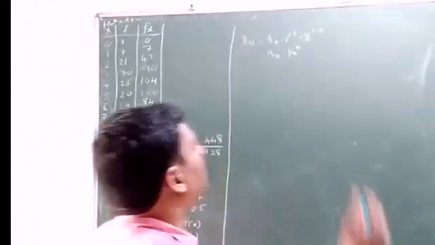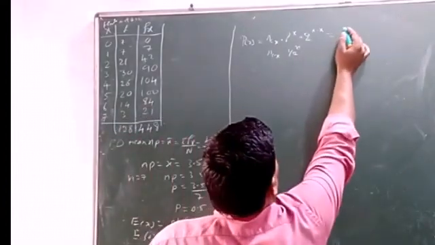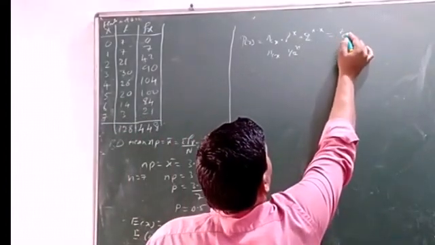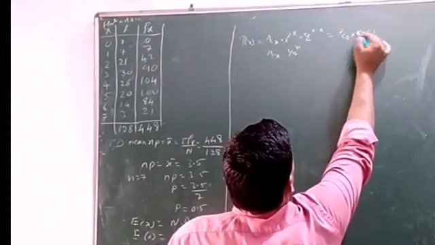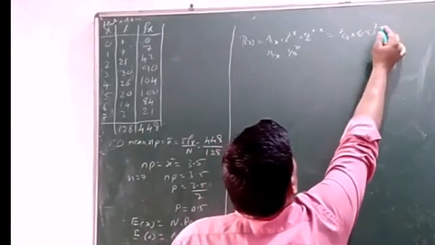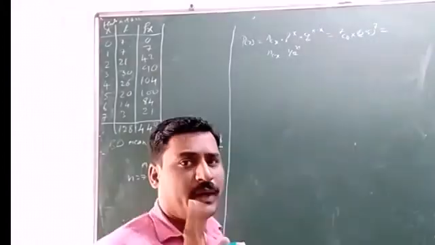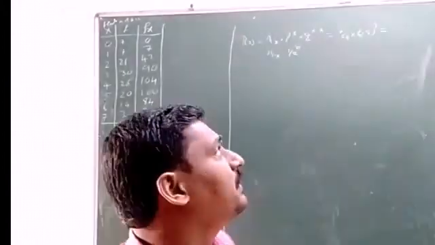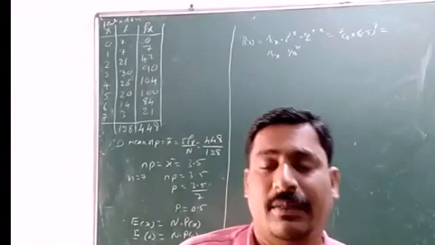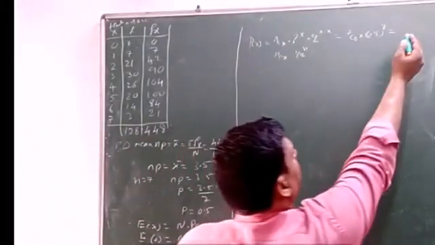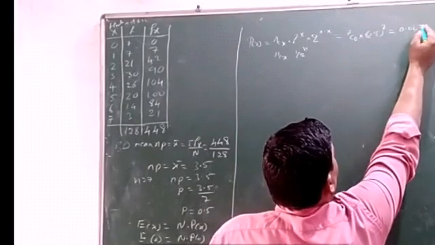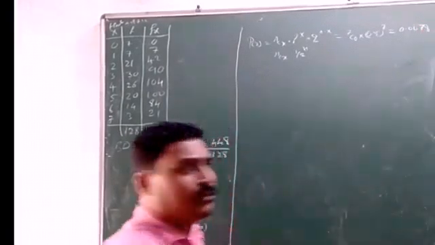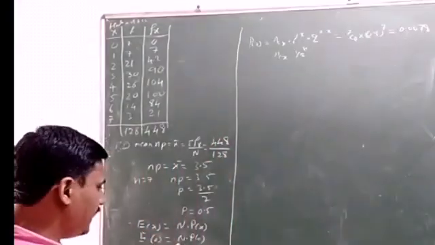So here 7C0 into 0.5 raised to 7. 7C0 is 1. What is the value of 0.5 raised to 7? So this is 1 into 0.0078, which is 0.0078.